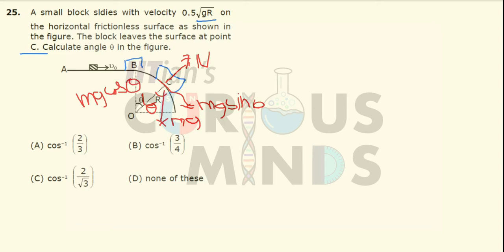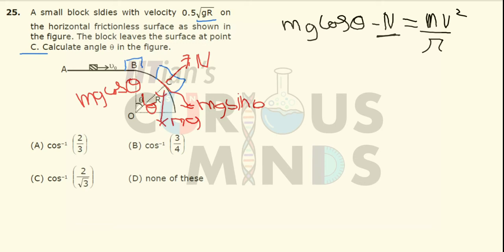Let us say that it loses contact at point C. Even before it loses contact, at any particular point, mg cos theta minus N will be equal to the resultant force, mv square divided by r. When it loses contact at the surface C, the normal force becomes 0.